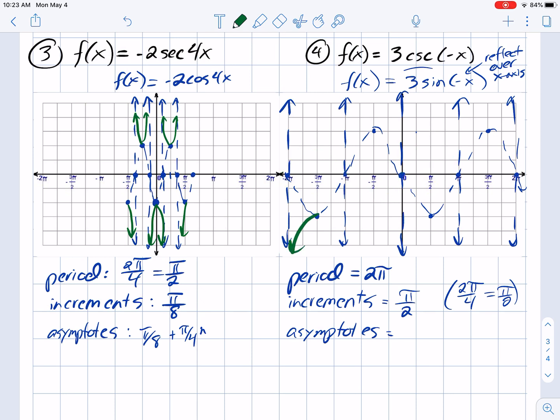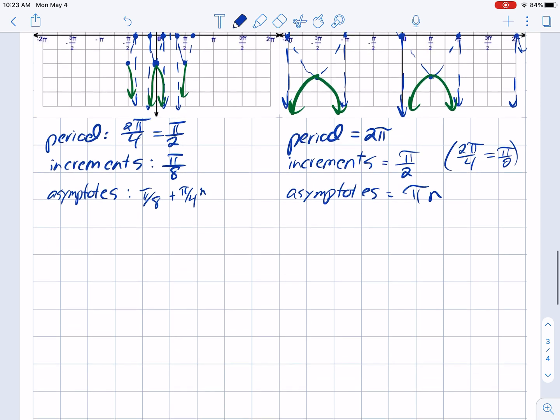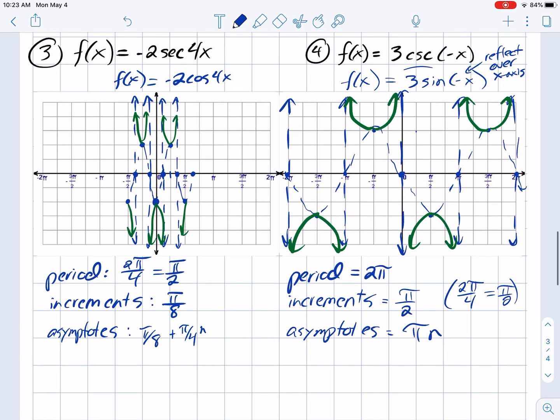And then you can just draw all of your parabolas from here. So our asymptotes are just, this one's nice and easy, pi n. Every pi n radians, you have an asymptote: 0, pi, 2 pi, 3 pi, 4 pi, and so on and so forth.